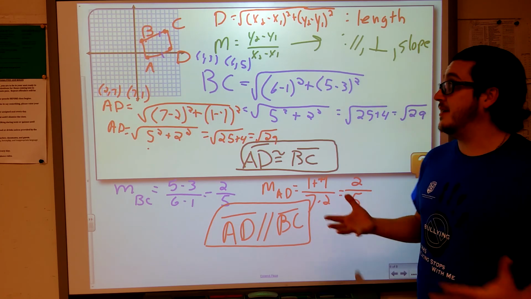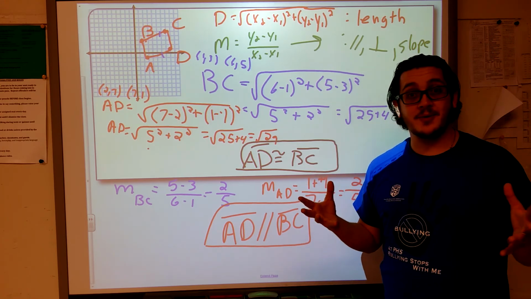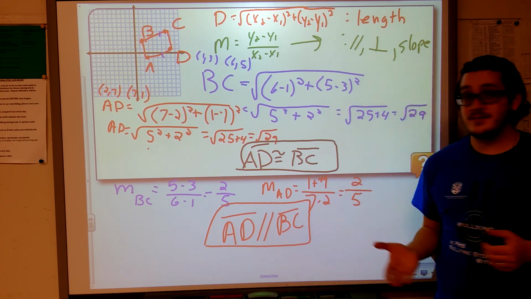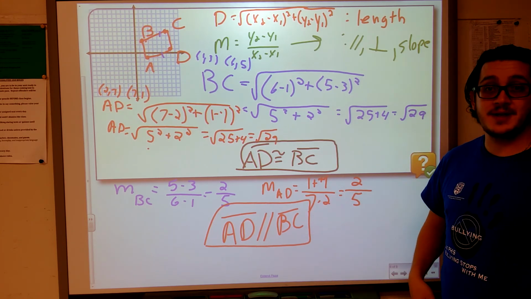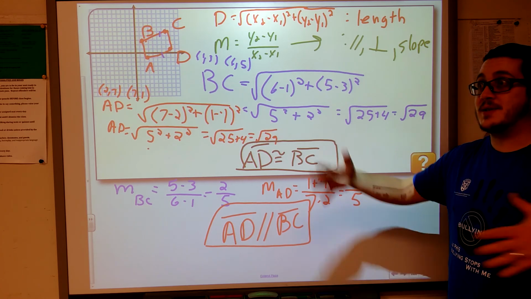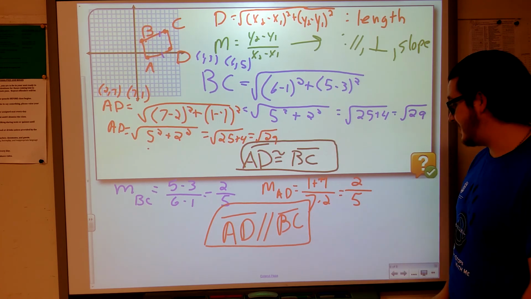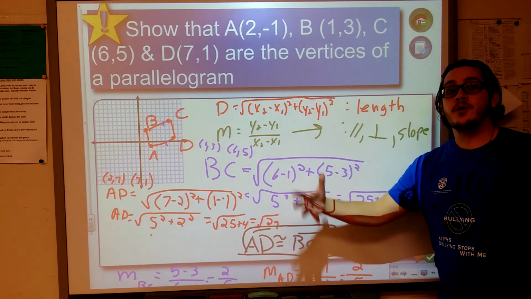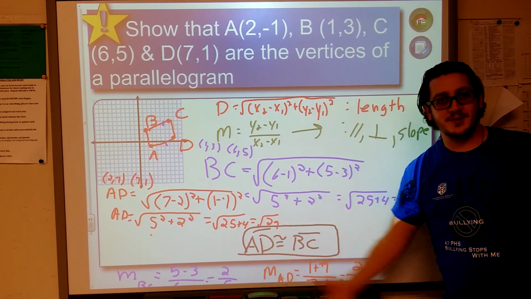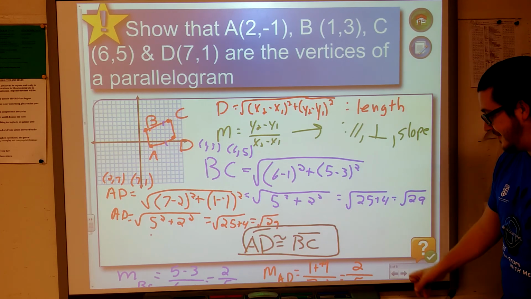But if proving it's a parallelogram with the coordinates is an open question, I say show the 4 parallels. Show that 2 sets of opposite sides are parallel. It's better. It's faster. You should pause it now if you need to write anything else.